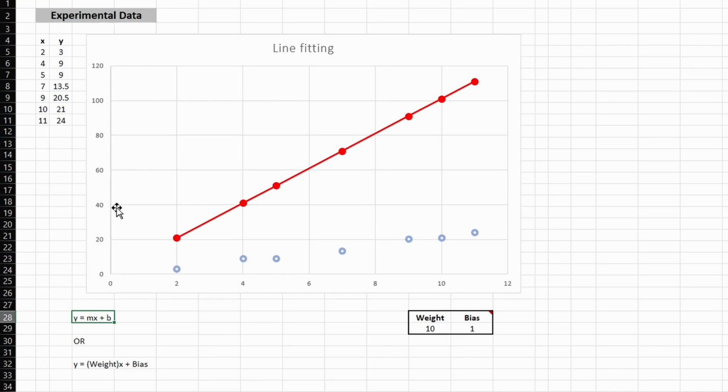Which part of this y-axis does this line hit? In this case, it hits the 1, the point right here, 1, right? If you extend that, you probably can't see that perfectly well, but that's what this b value gives you.